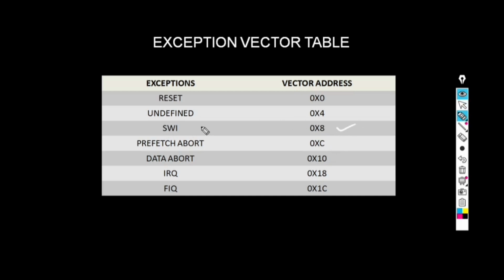What it means is, whenever this particular instruction is executed, the address in PC is automatically changed to 8. Whereas in case of reset, the address updated will be 0. We'll not go in depth on these topics, but you should know that address 8 is associated with the software interrupt instruction handler.